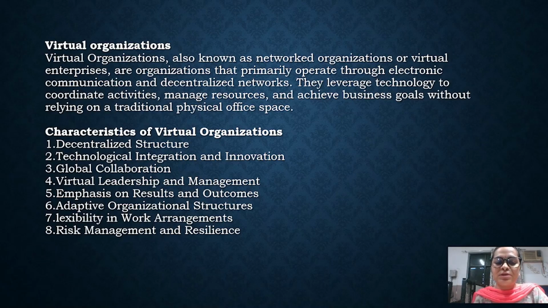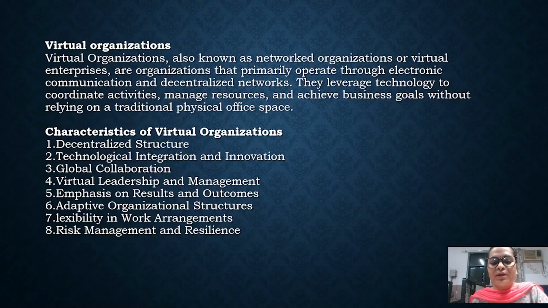Management of these cross-cultural teams requires understanding as well as sensitivity to cultural differences in communication styles, in work ethics, and even in the decision making process. So these virtual organizations foster cross-cultural competence so that they can leverage diversity as a competitive advantage.